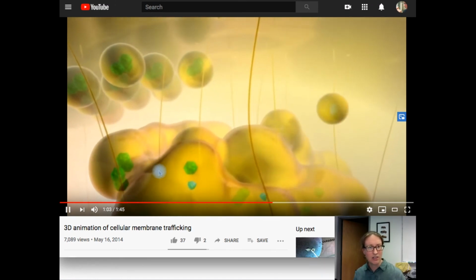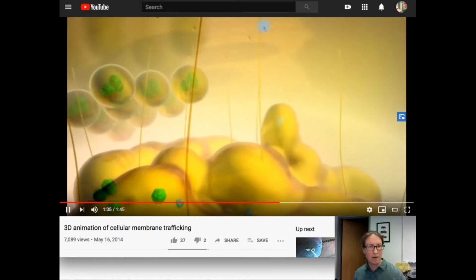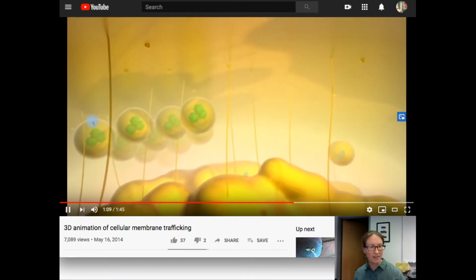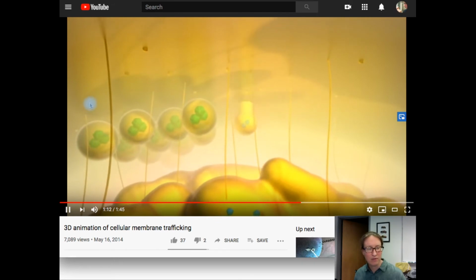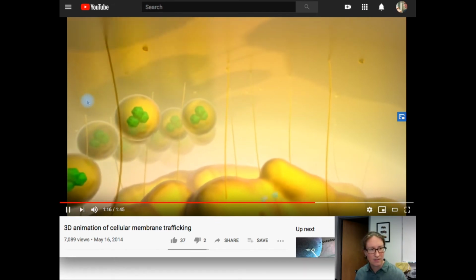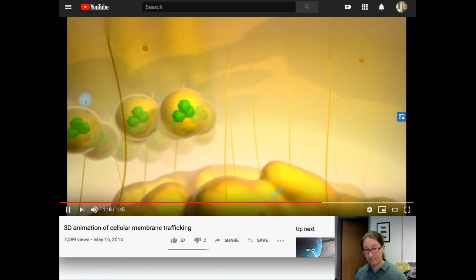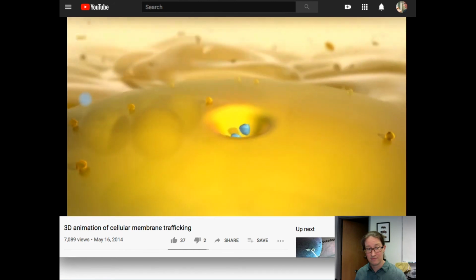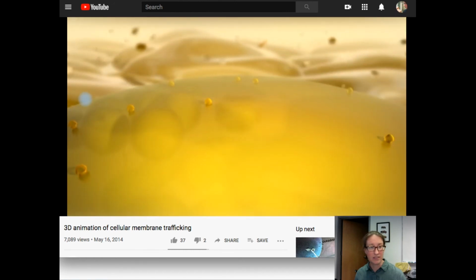And then in this animation, we see some of these bubbles headed back out to the cell membrane. Others are here waiting, full of some kind of exciting ingredient. Wait for it. Okay, so things being released from the cell.